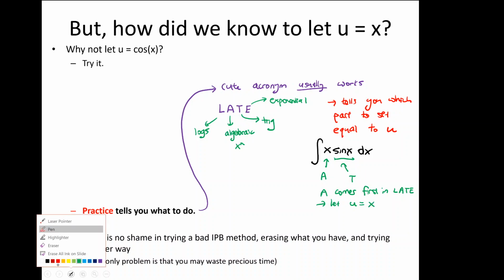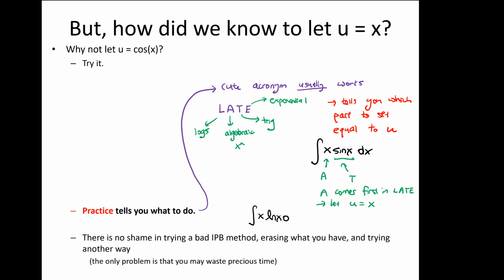Okay, what if we do x times ln of x? Well, here we have an A and we have an L. And L comes first in LATE. So we let u equal ln of x.